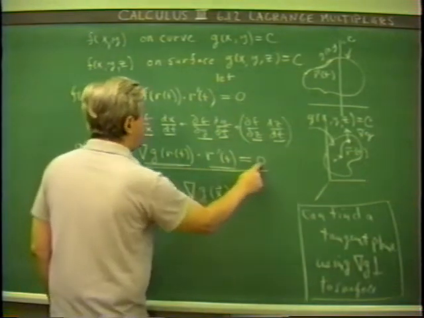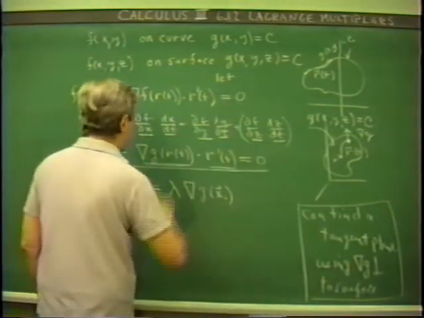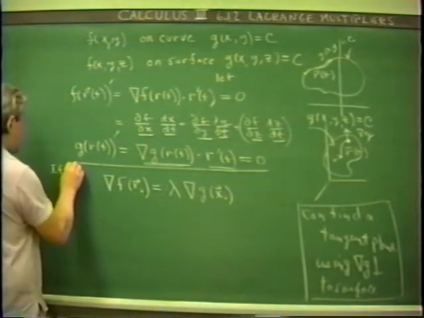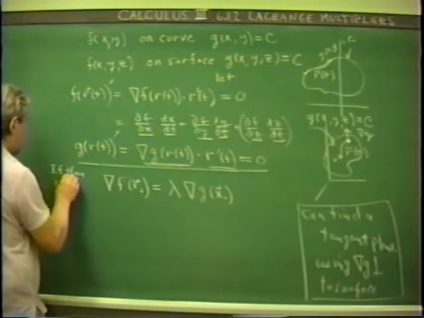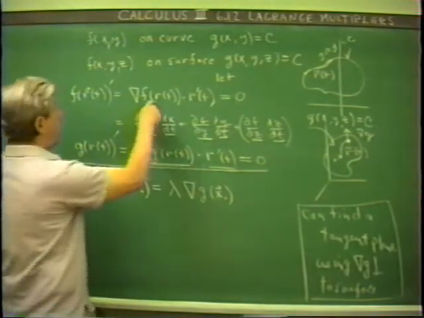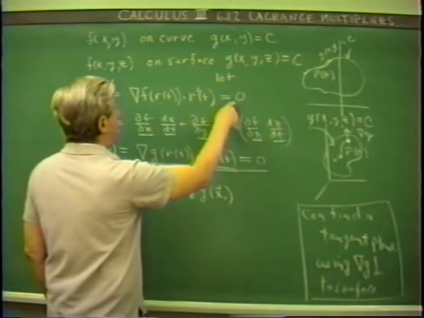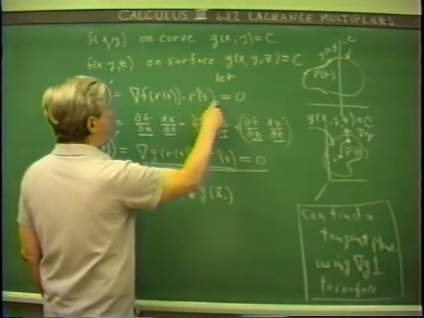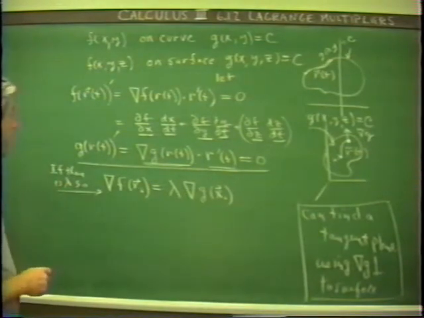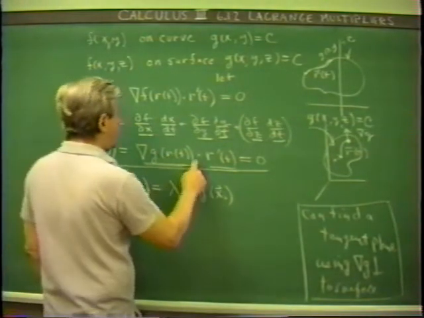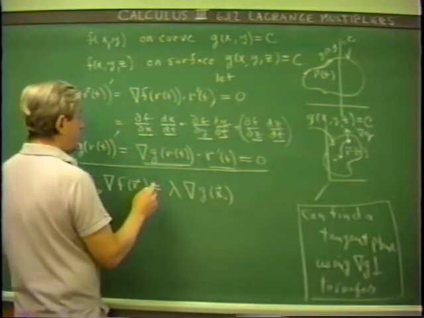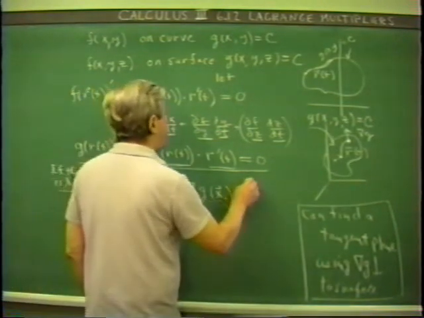Then the gradient of f dotted with r prime will be a multiple of the gradient of g dotted with r prime. Since this is always equal to 0, then this will be equal to 0. So if there is a lambda so that this happens, then we will have the gradient of f dotted with r prime equal to 0, because the gradient of g dotted with it is equal to 0.